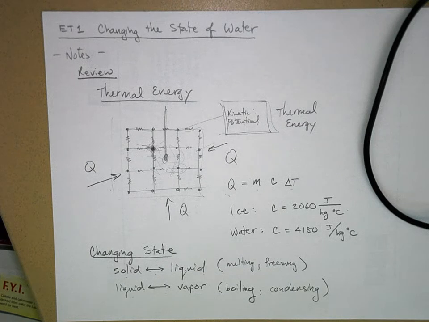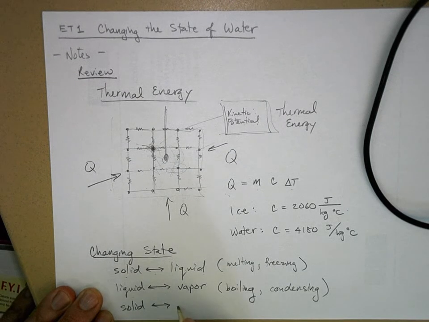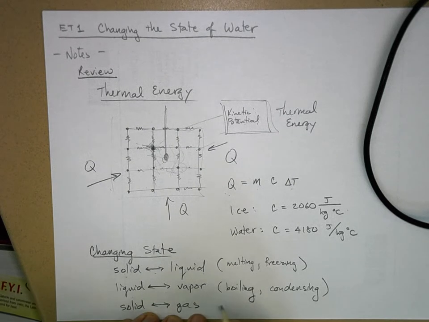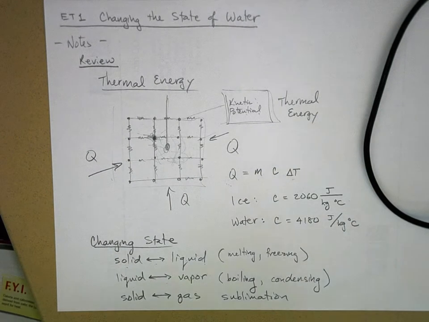By the way, when you go from a solid back and forth to a gas or a vapor, that's called sublimation. We're not really going to study that. Water doesn't do that at atmospheric pressure. The nice thing about living on Earth is that we're at a pressure where water can exist as a solid, liquid, and a gas, all at the same time.